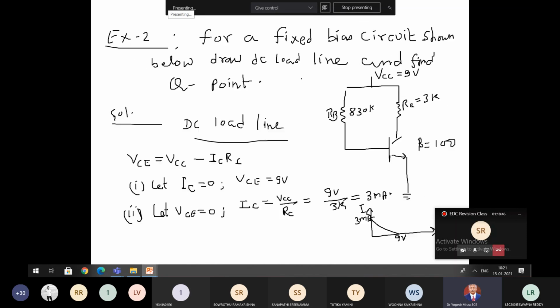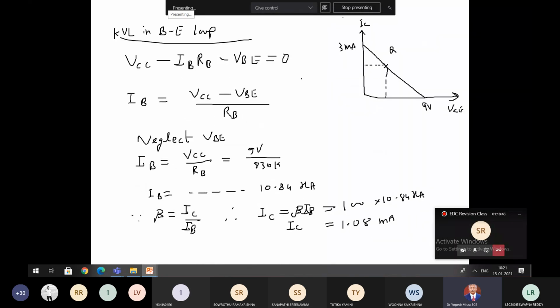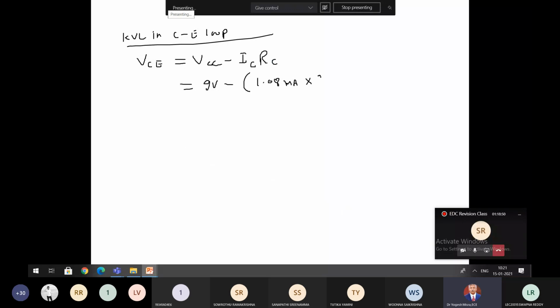RC in this circuit diagram is 3K. So write the current in ampere, write the resistance in ohm, and solve this expression. I have already solved it, and I will get 5.76 volt.